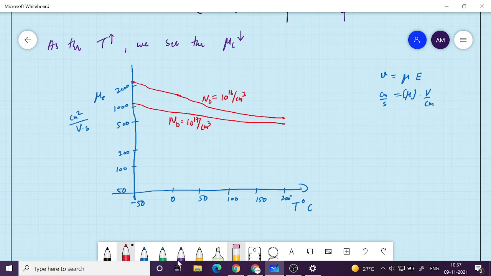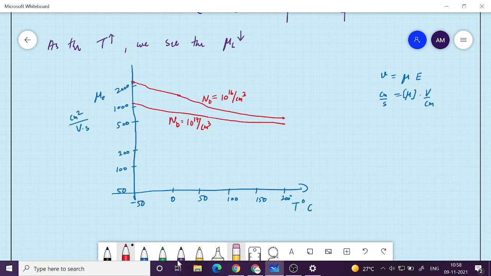10 raised to 16 is a common doping, which is a moderate doping, and 10 raised to 17 is sometimes the high end of moderate doping. Anything above 10 raised to 17, like 10 raised to 18, 19, they are heavy doping. Just like I said about Zener diode, they have very heavy doping.